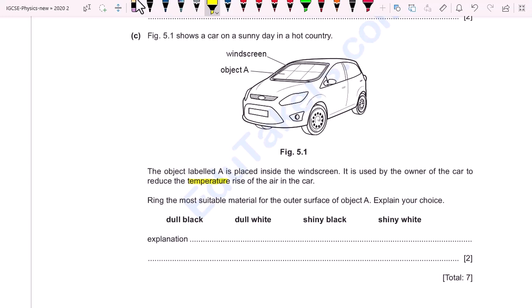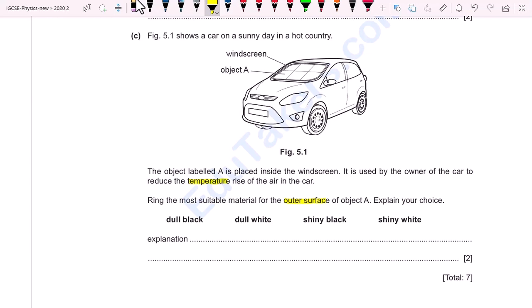Ring the most suitable material for the outer surface of object A. We have to tell the material that is very suitable for the outer surface. Explain your choice. So we are given dull black, shiny black, dull white and shiny white. First of all, we have to reduce the temperature inside the car. So we have to choose the color that is the best reflector.